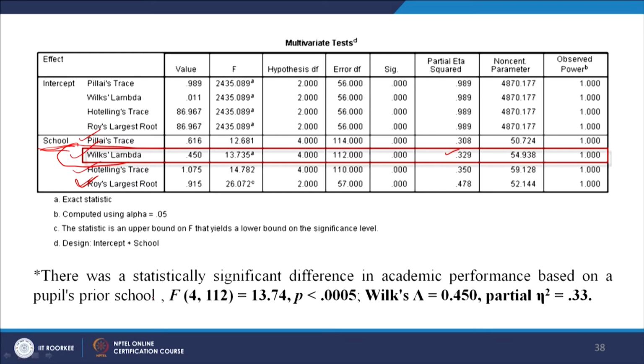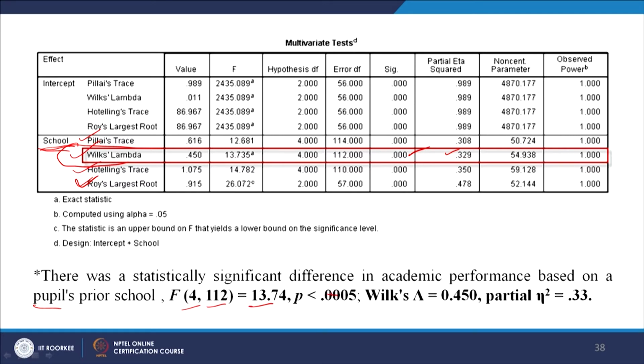When you write the research report you should write like this: there was a significant difference in academic performance based on the students' or pupils' prior school. How did I know? F is equal to 4 and 112. Here 4 is my numerator and 112 is my denominator degrees of freedom, and p was checked at 0.05, not 0.0005, sorry, it should be 0.05 only.